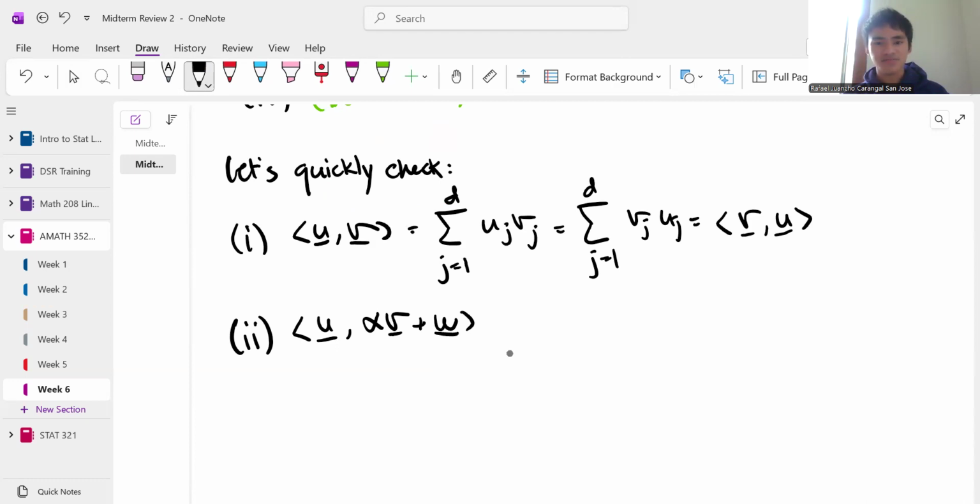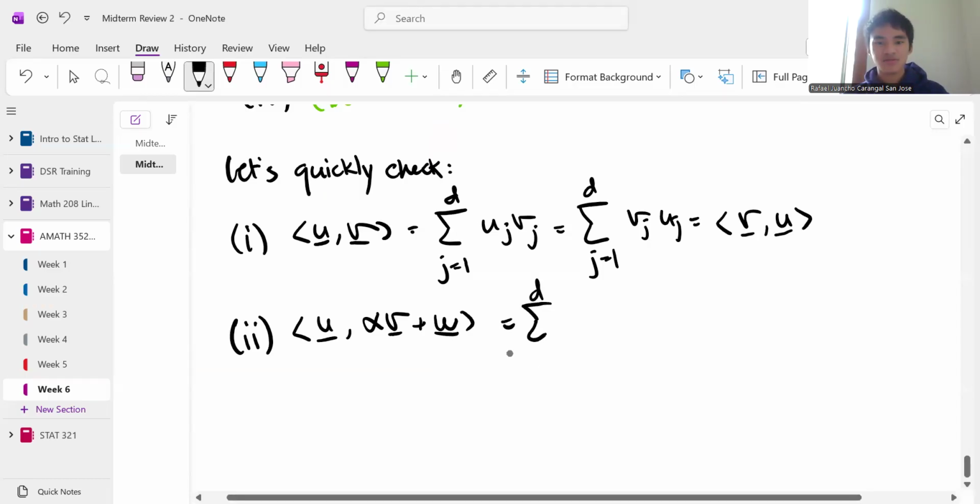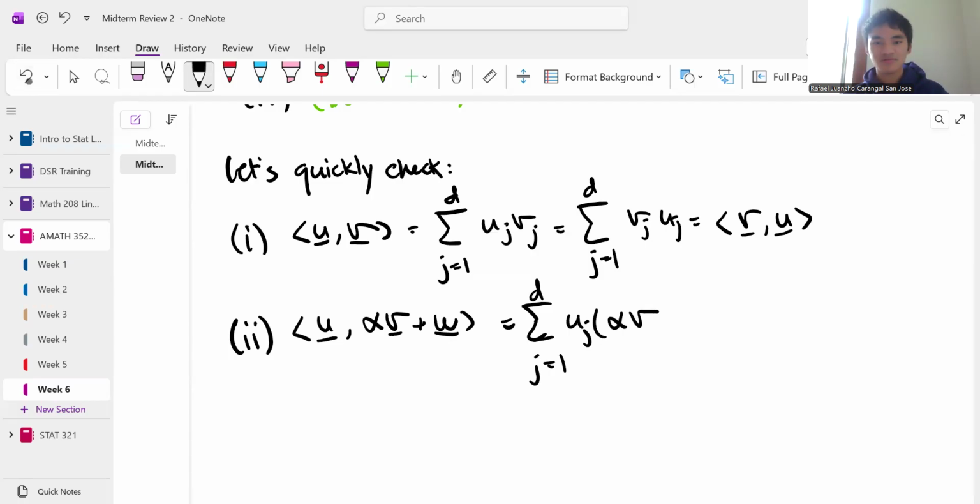How do we prove the idea? Well, I guess we can start with doing a linear combination. So we go all the way to D, right? We do a u sub j, and then we multiply that with alpha v sub j plus w sub j. Now what do we have? We can actually distribute the u to both sides.